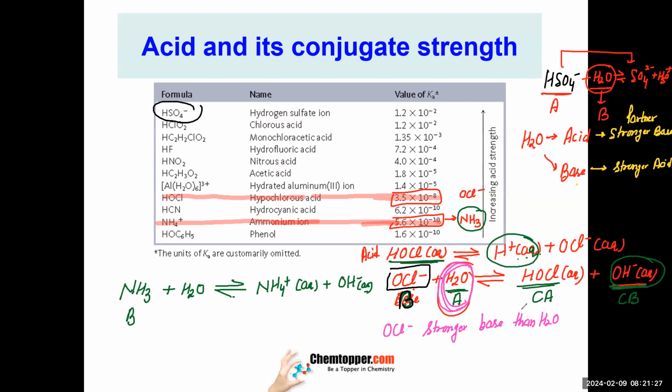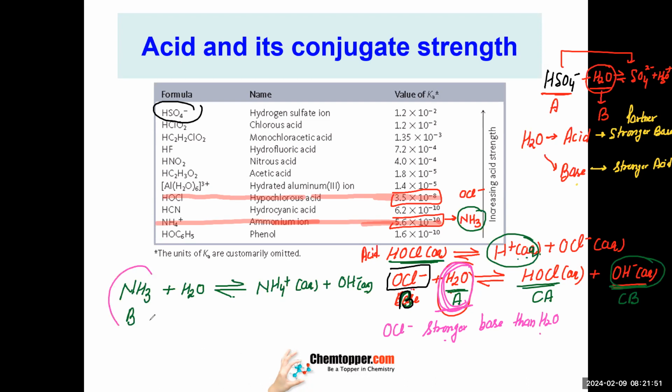So it depends on the strength, whoever is stronger. If water is stronger base, the other is forced to behave like an acid. If water is stronger acid, the other is forced to behave like a base. Okay, same here. OCl minus is stronger base than water, so water is behaving like an acid.